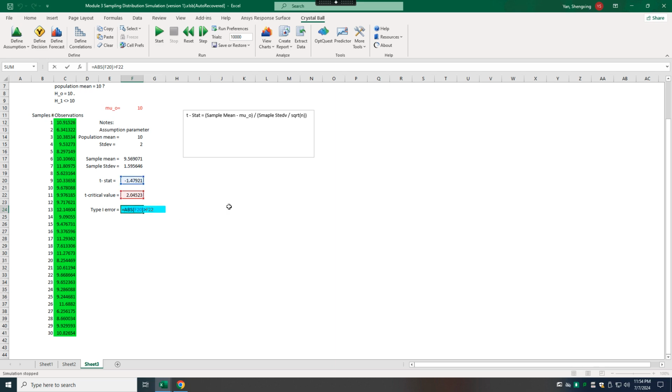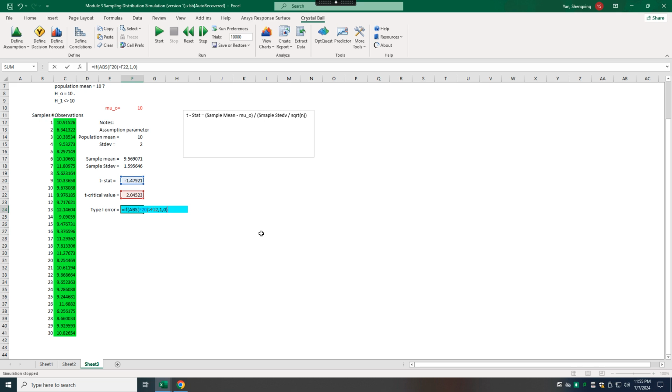The correct formula should be, let's put a number: if this happens, if the type 1 error happens, then this cell is going to be 1. If it doesn't happen, the number will be 0.